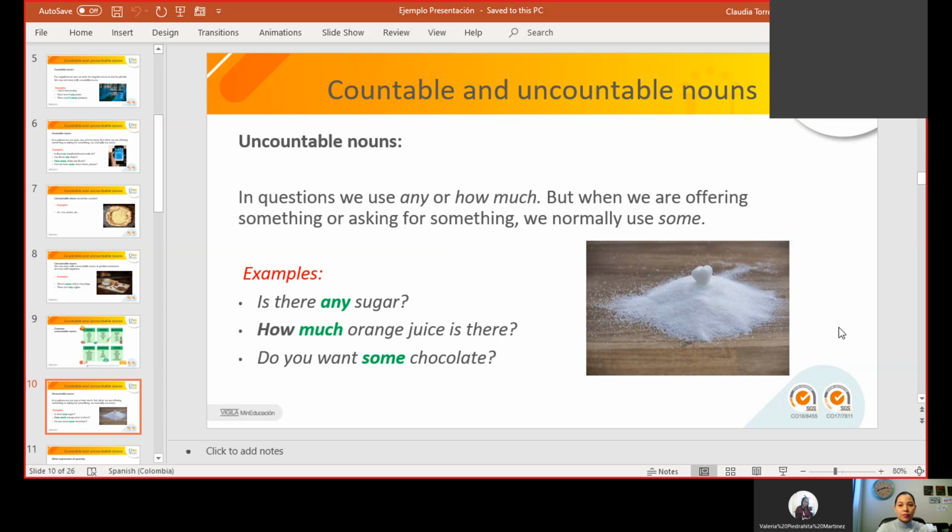So how much? And when you're offering, do you want some chocolate? So remember, that's very important. How much uncountable, how many countable. Some when you are offering, and for questions, okay, affirmative, just use any with uncountable.